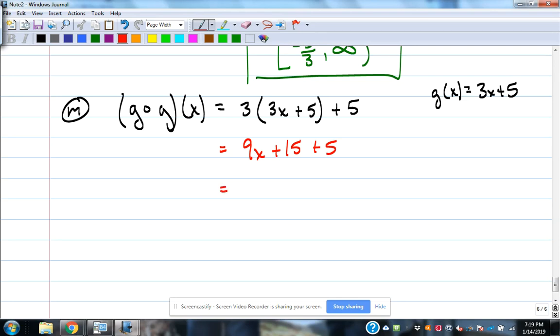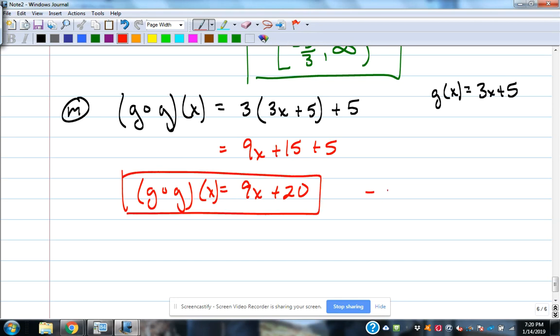Three times 3x would be 9x. 3 times 5 is 15. You got plus 5. So it'd be 9x plus 20 is what it simplifies to. What's the domain? Negative infinity to positive infinity, yeah. No red flags to speak of, so there's nothing to do about setting anything equal to 0 or greater than or equal to 0 or anything like that.